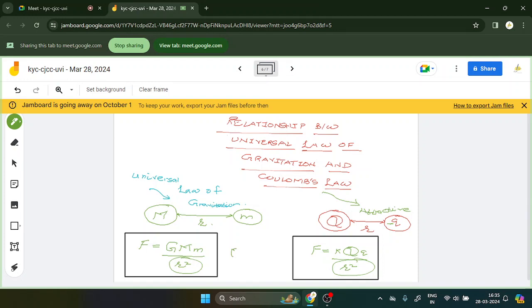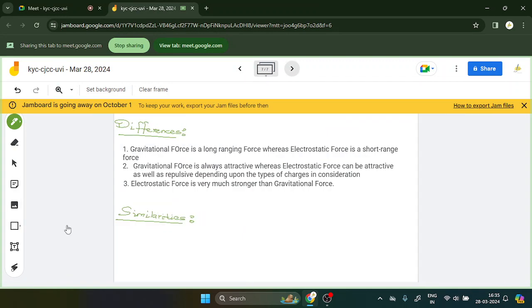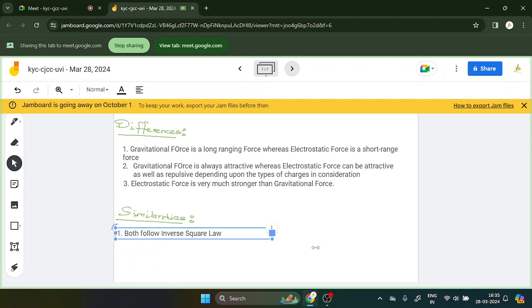So number one, both follow the inverse square law. Clear? What I'm trying to say here? So this is point number one.